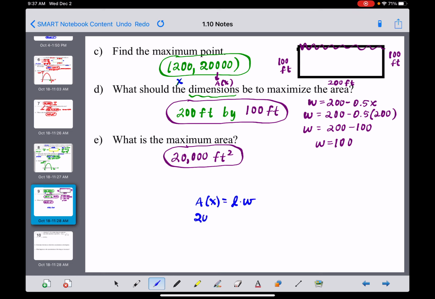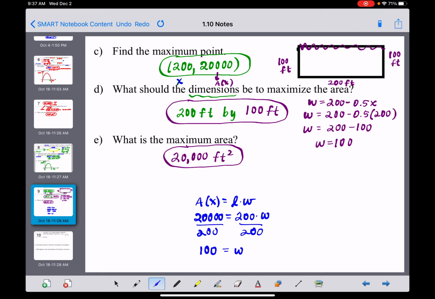So if the area is 20,000 and you know that x was the length, which is 200, times the width, you could divide by 200 and you could find that your width would then be 100. And that would work on the last one as well. So there are different ways of finding the length and the width.